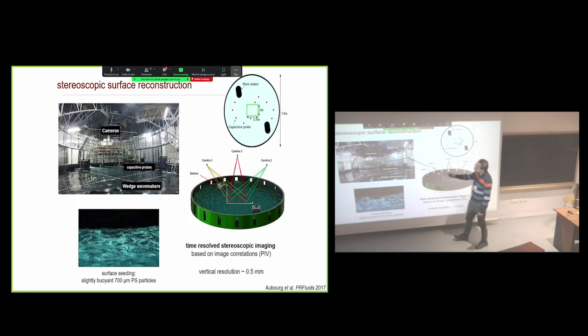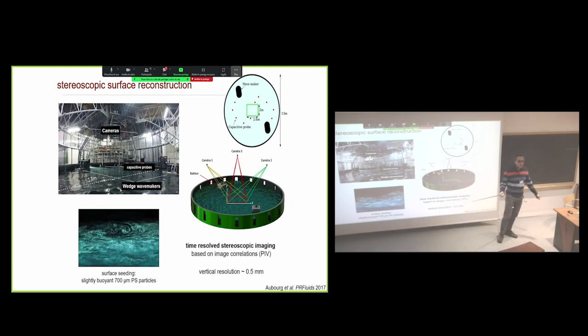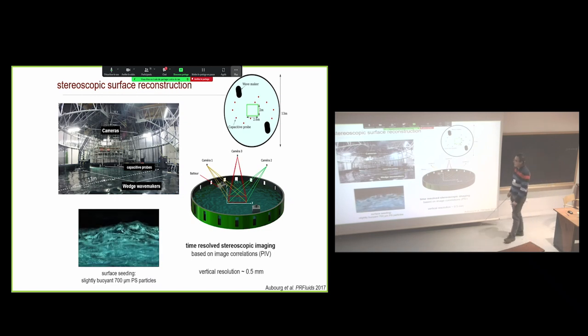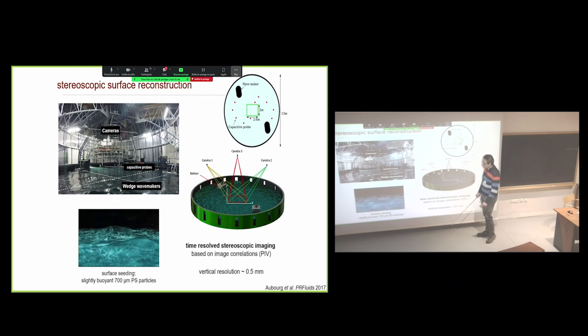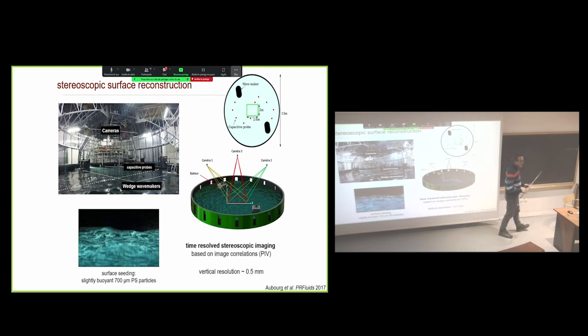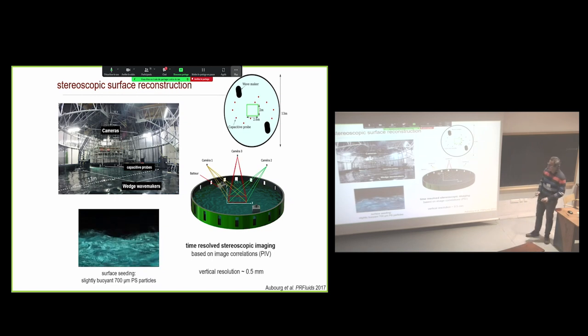So we have cameras at the top here. And the issue that we have in the lab as well as in the sea is that we have to see the surface, which is one of the tricky parts for this stereoscopic reconstruction. And in my case, there is no wind, so there are no tiny ripples that you can use in the sea.